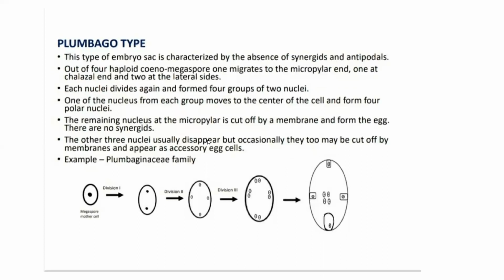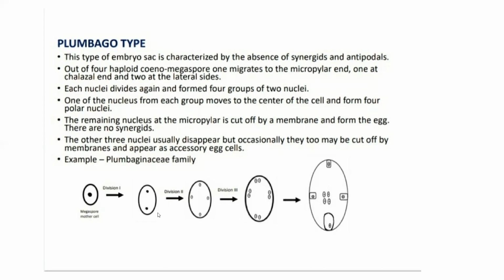And Plumbago type. So in the Plumbago type, this type of embryo sac is characterized by the absence of synergids and antipodals. So you can observe these diagrams. In this type of embryo sac development, the nucleus of the megaspore mother cell undergoes the meiotic division and 4 haploid nuclei are formed.